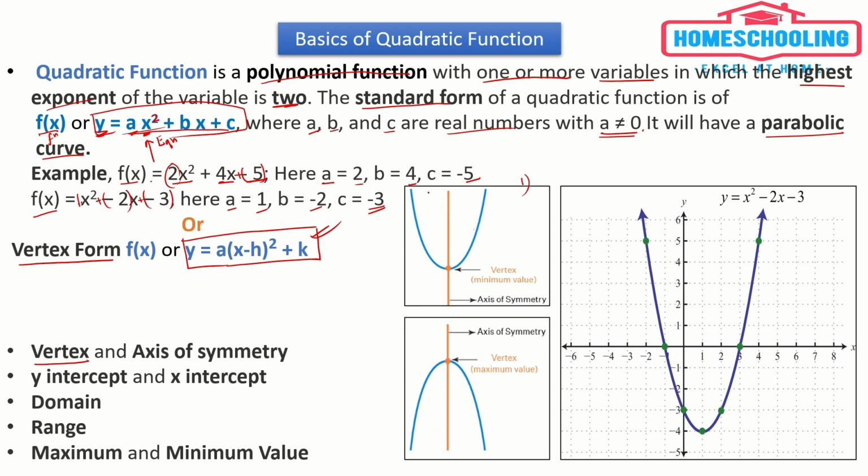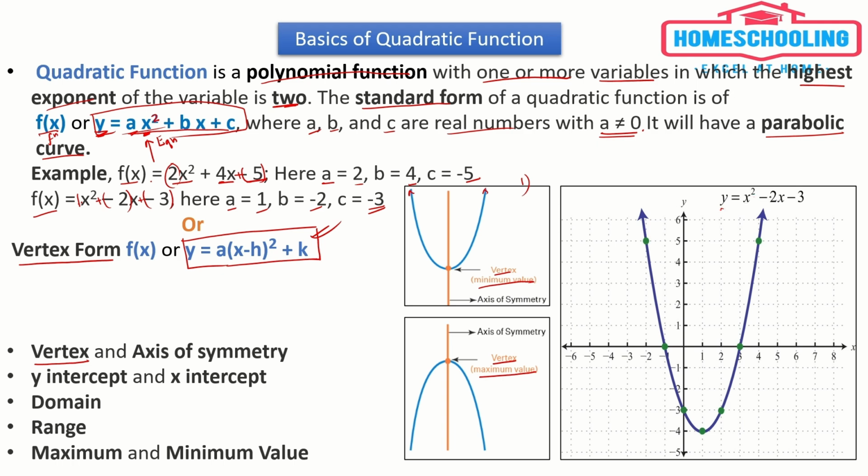When the parabola opens in the upward direction, the vertex will be the minimum value. When the parabola opens in the downward direction, the vertex is the maximum value. Now, as you can see, we have a quadratic equation here.